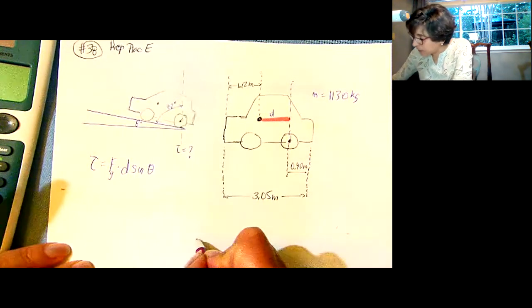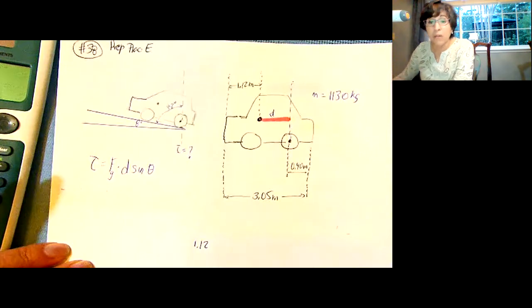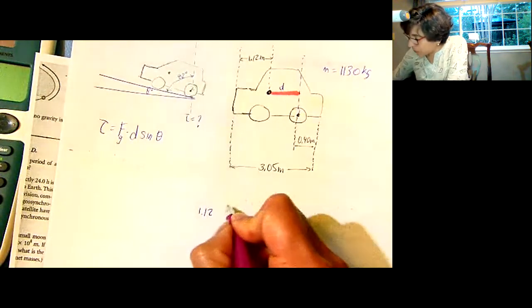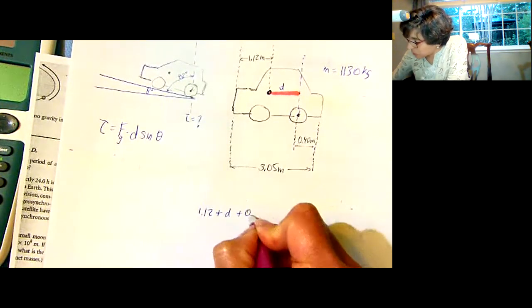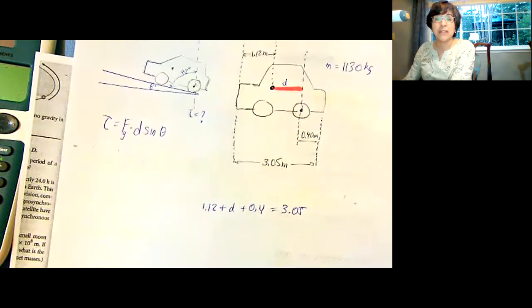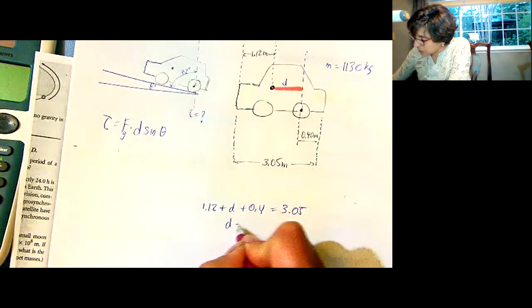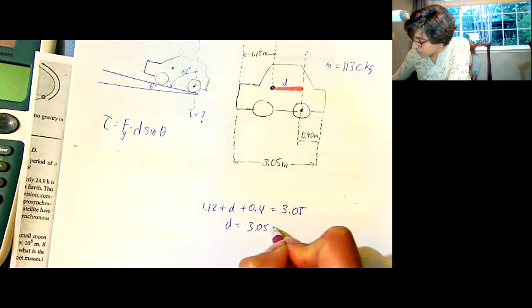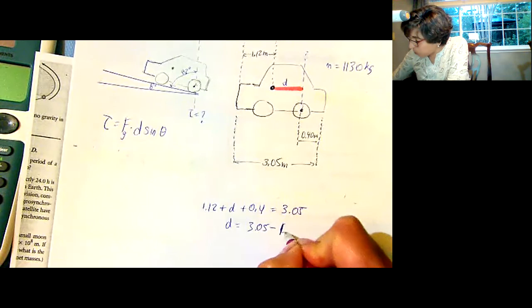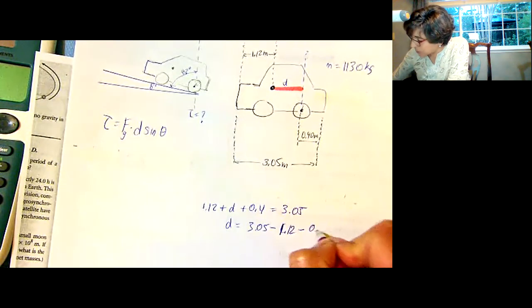You can say 1.12 plus D plus 0.4 is equal to 3.05. Then D is equal to 3.05 minus, I guess we can do each of them separately, minus 1.12 minus 0.4.